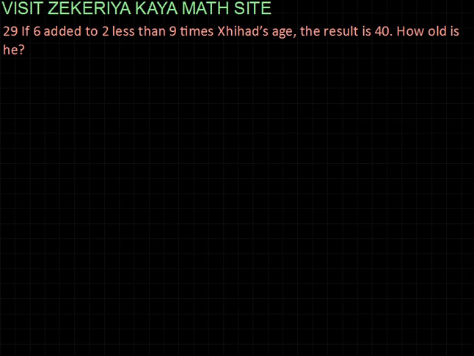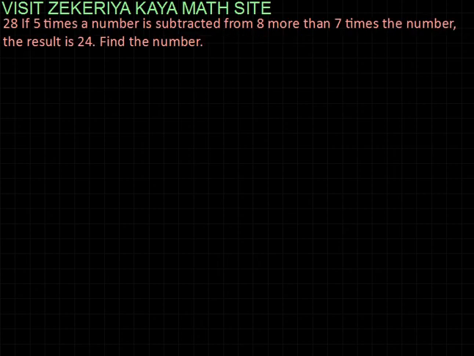We can do it at home if you want. 6 added to 2. Yes. And which one do we solve? Let's solve both of them. You won't write anything, okay?